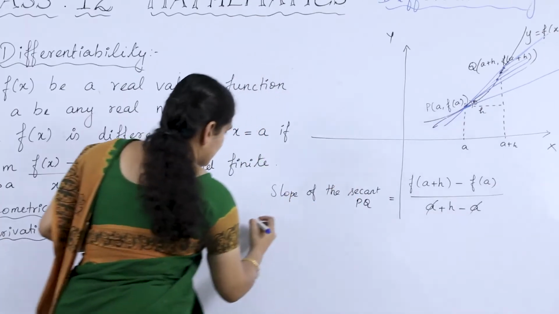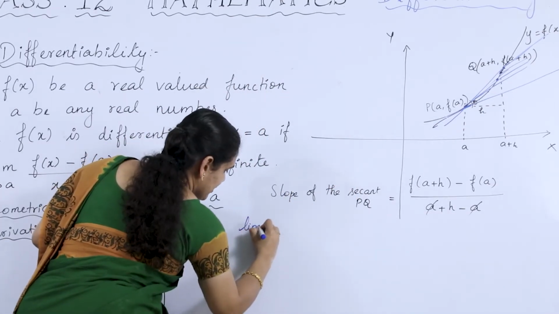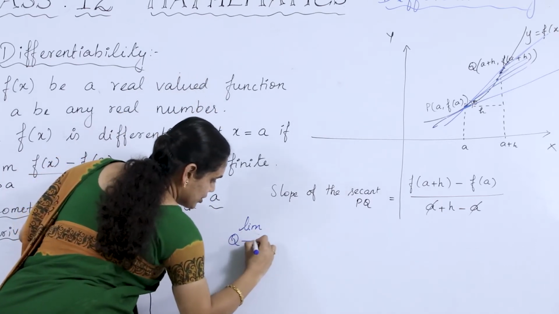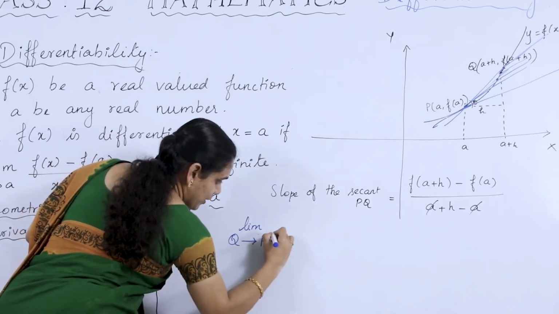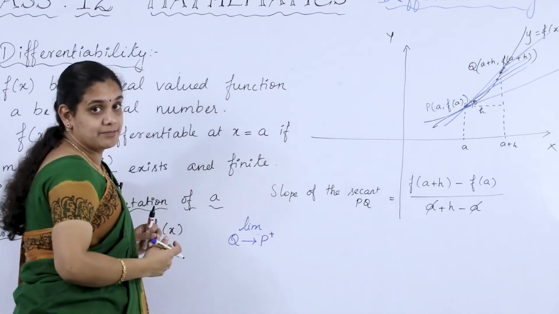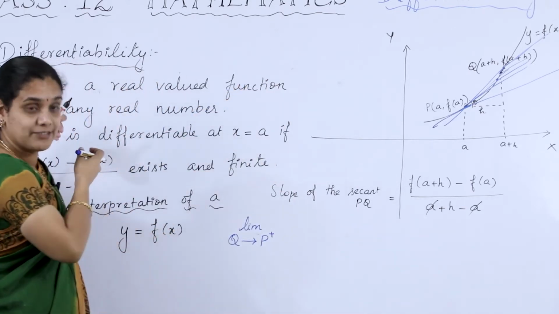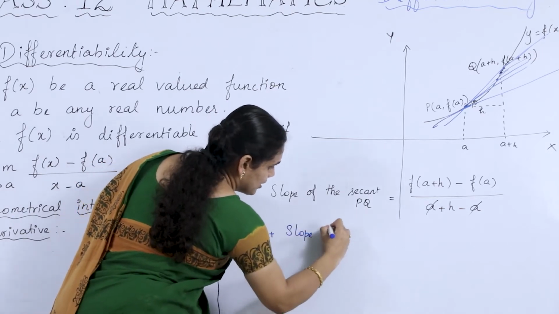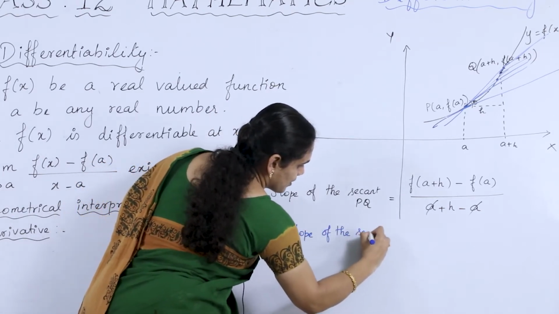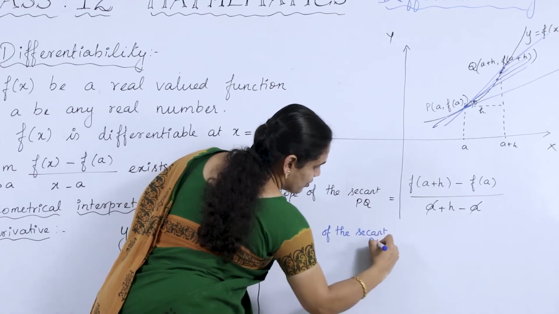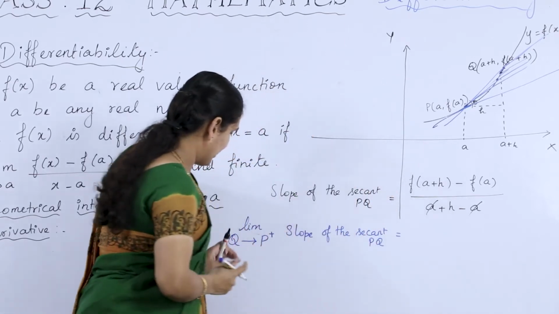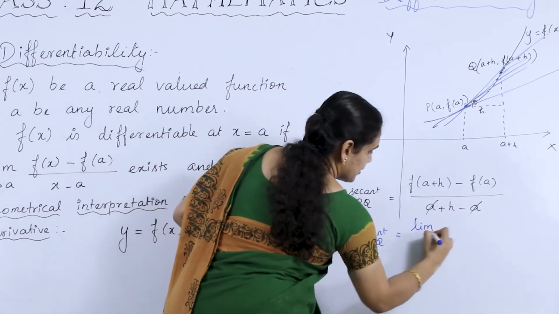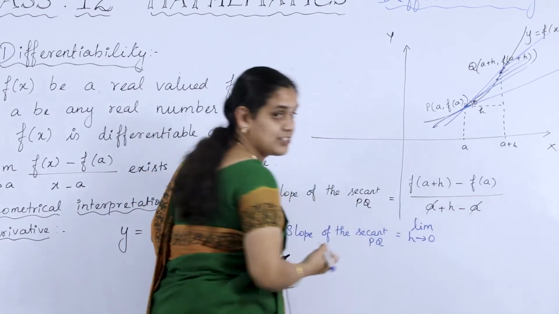Alright. So that means when Q approaches P, I put plus because it is the right side. Similarly, you can take a point on the left side also. So, slope of the secant PQ is equal to, when Q approaches P, here this h approaches 0.